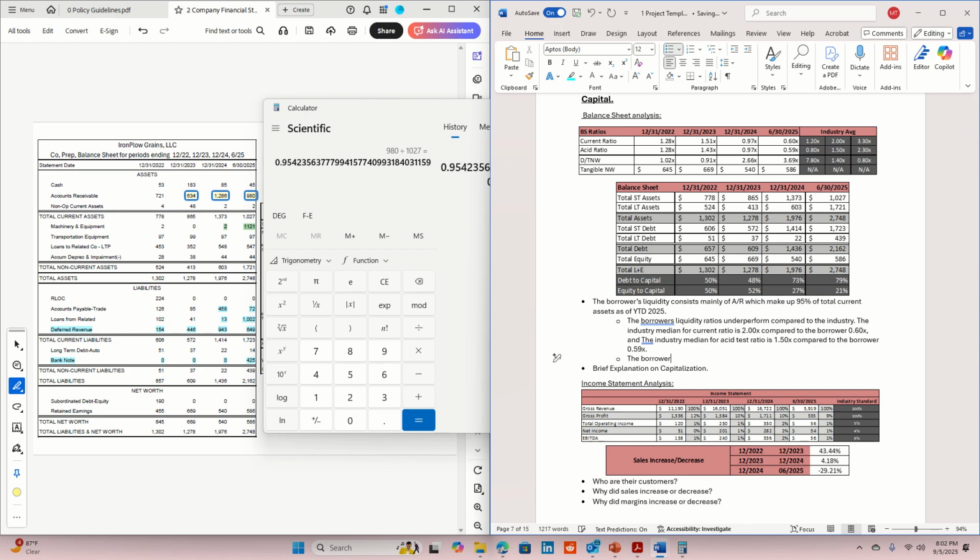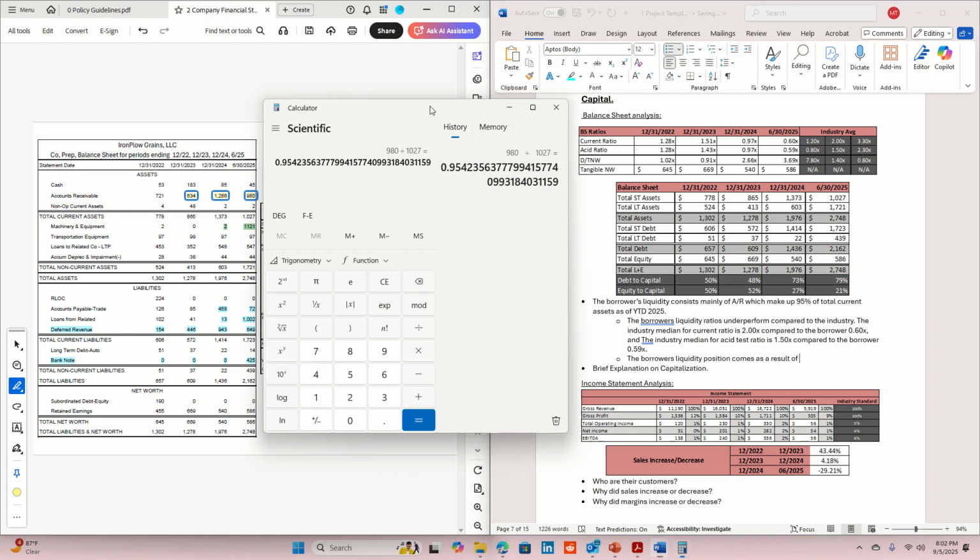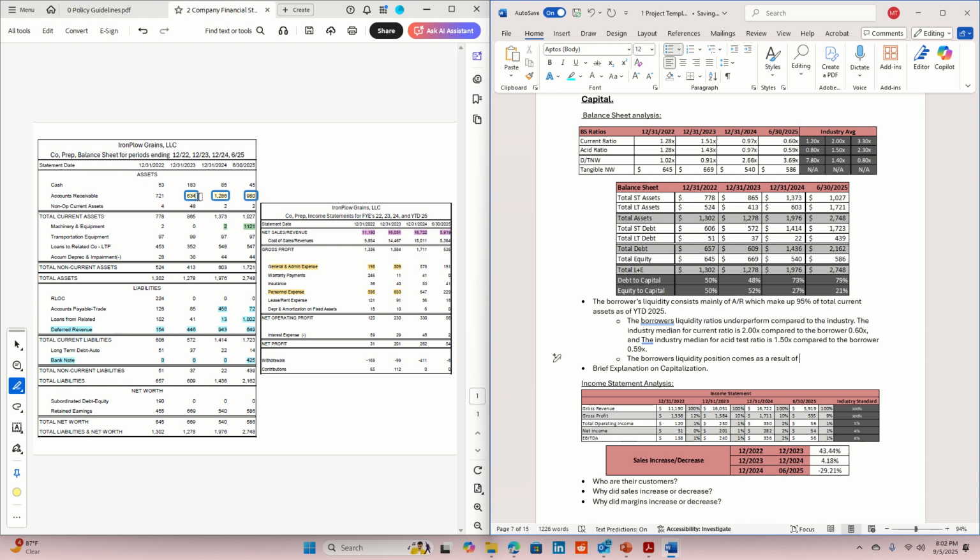The borrower's liquidity position comes as a result of, and remember, their receivables did go up significantly. They went up from 600,000 to 1.2 million, and then it dropped down $300,000 to 980,000.